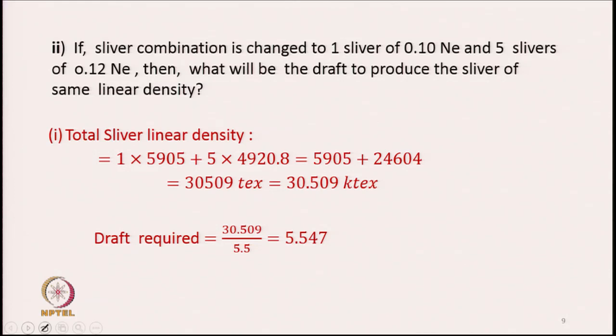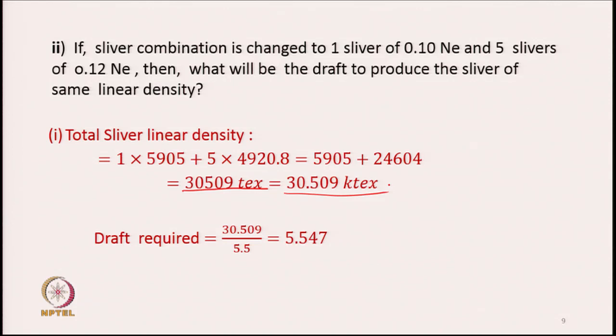That gives you a figure which is 30509 tex, and written in kilotex form it is going to be 30.509. So, total sliver linear density at the input is going to be 30.5 kilotex. Output kilotex is no change, it is 5.5.